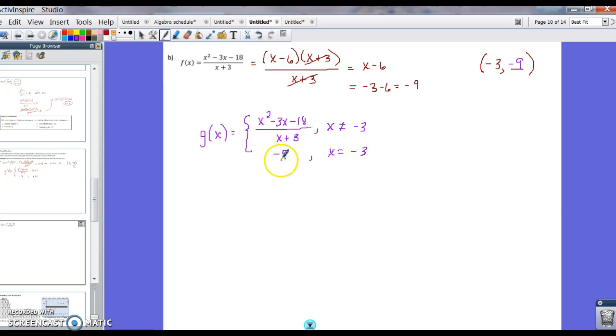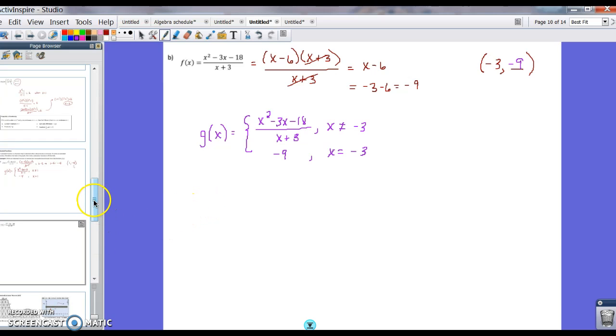So in essence, I have removed the hole, and now I've plugged, in quotations, I've plugged the hole by putting in this value of negative 9. So when x is negative 3, y is going to be negative 9, and I now have filled in that hole. So that's called extending a function, or removing that discontinuity. Okay, so that's a little bit on extended functions.